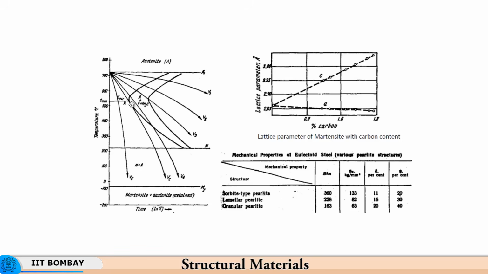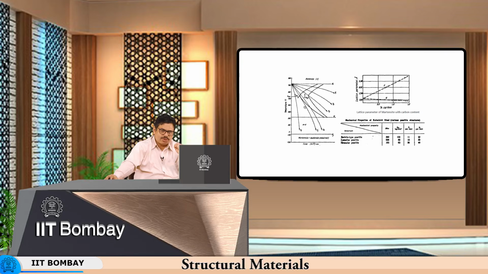Now, here the cooling rate is just about tangential to this nose. So, here the transformation will just about start, or maybe it will not go through at all because the temperature is decreasing far too rapidly for any kind of transformation to even start or even go to completion.